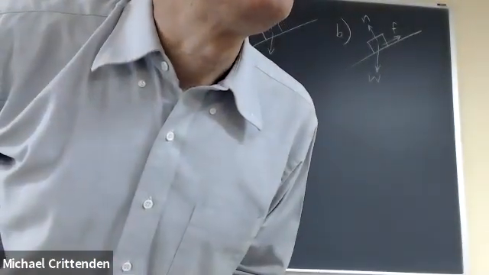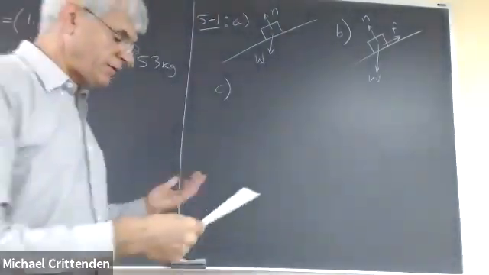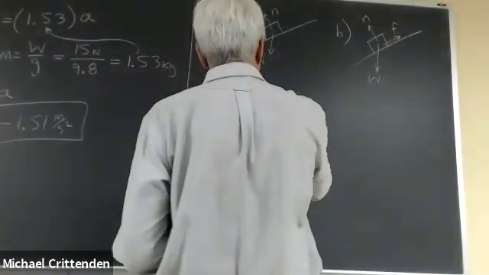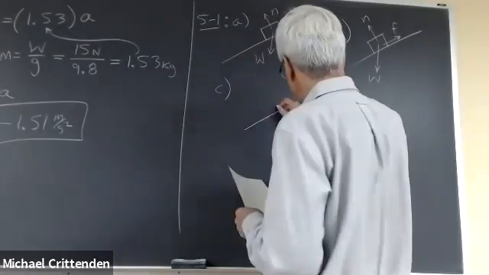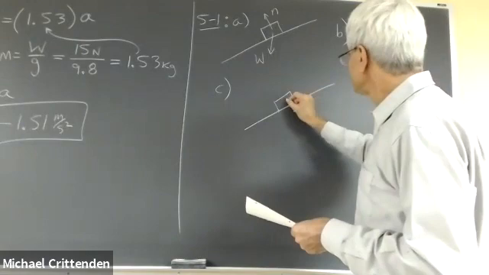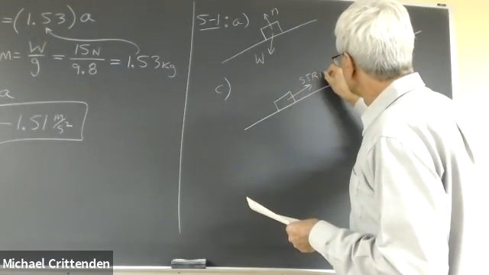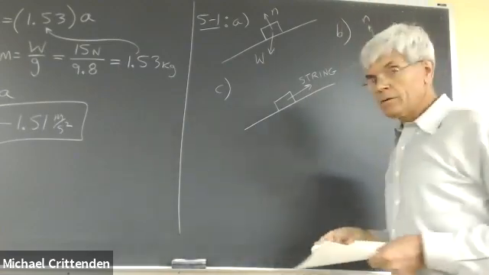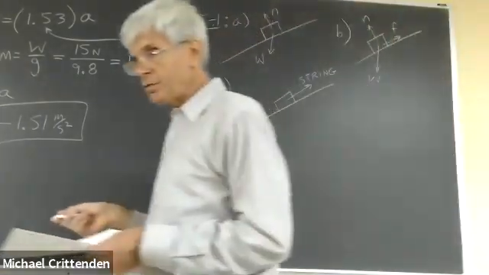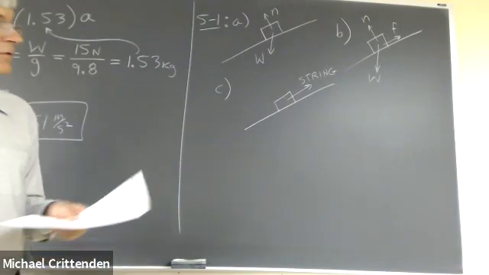Part C, a block being pulled up a ramp by a string. There's a string tied to it. So there's the ramp, there's the block. Question says there's a string pulling it uphill. So the string creates a force.